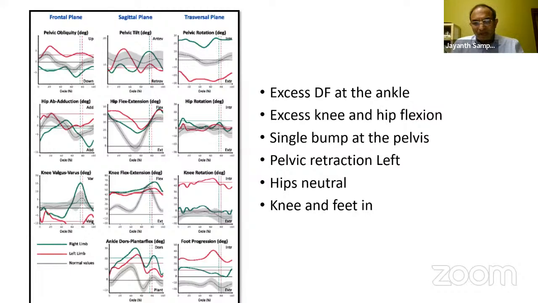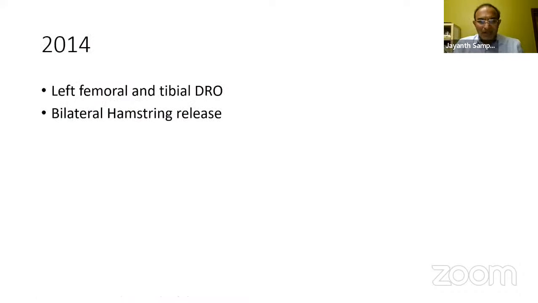Some systems like Vicon have something called a knee alignment device that helps to improve marker placement. But there will always be some amount of marker placement error when you have very severe abnormality in one or more planes.